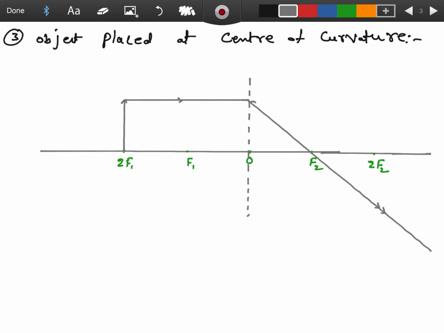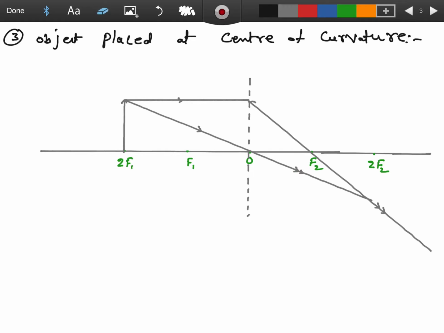The second incident ray is passing through optic center. After passing through optic center, there is no deviation, it will go straight like this. This is the incident ray, this will be the refracted ray.